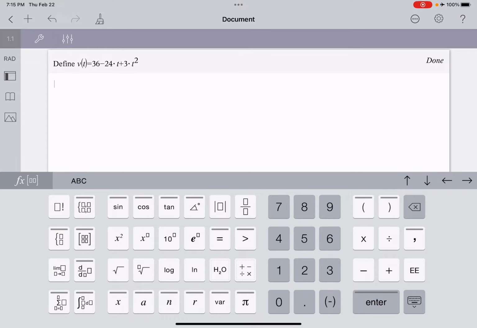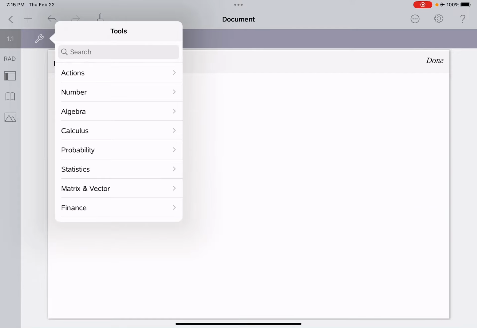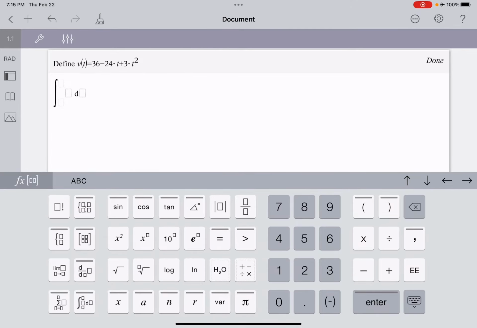And now for displacement we just wanted the definite integral of that function on this interval from 0 to 10. So you guys are going to hit menu 43 here, go to your calculus menu, and do a definite integral. Again, we said from 0 up to 10. And then the v of t function, all taken with respect to t.